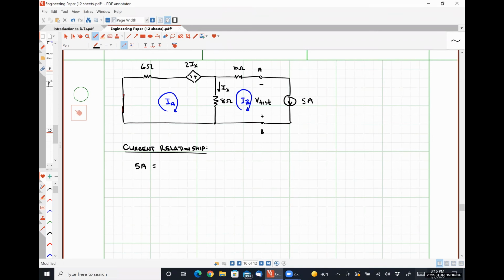So the 5 amp source says that the current flowing through the rightmost branch of the circuit is 5 amps direction down, right? That's what that source literally forces to happen. So if we look at mesh current IB as it flows along its clockwise path, when it reaches that right-hand branch, it is also flowing down. So that means that IB is exactly equal to 5 amps. Does that make sense?